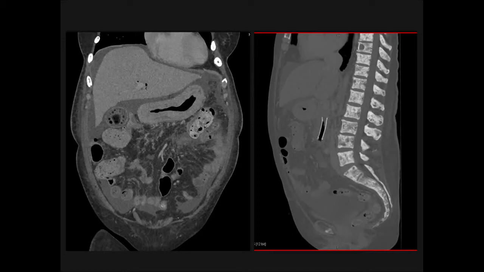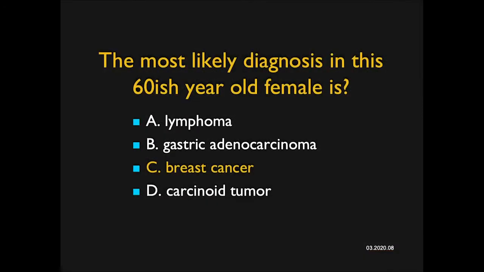Adenocarcinoma can give bone lesions, but not the extent of this. Breast cancer is the one that gives you widespread saturated blastic bone mets, as well as gastric metastasis from linitis plastica. Carcinoid tumor, vascular lesions, not this appearance. This is a classic breast cancer with linitis plastica, carcinomatosis, and widespread bony metastasis.